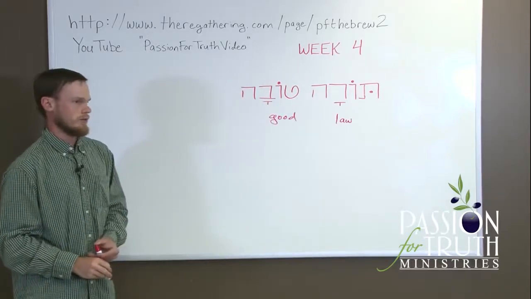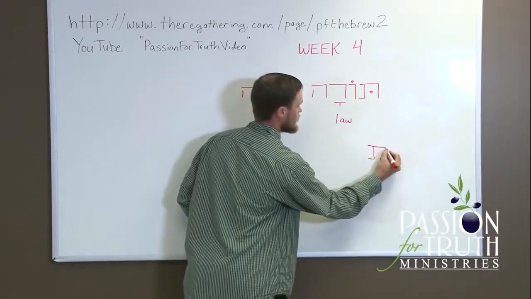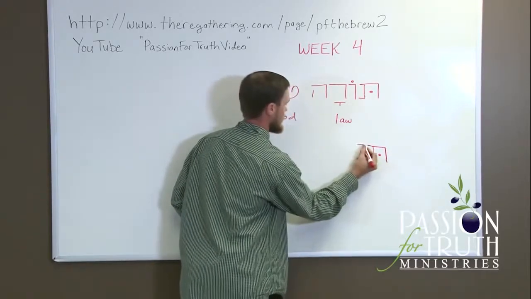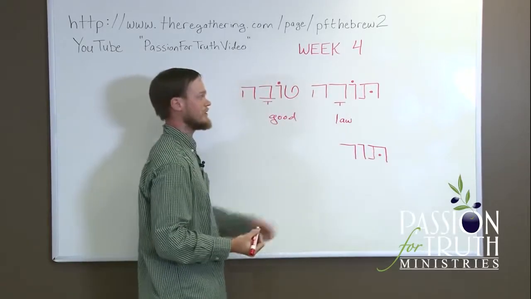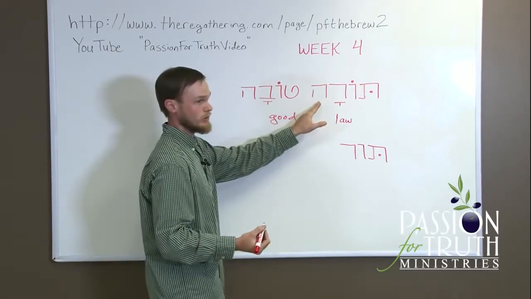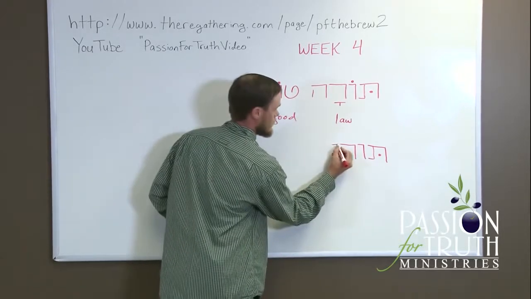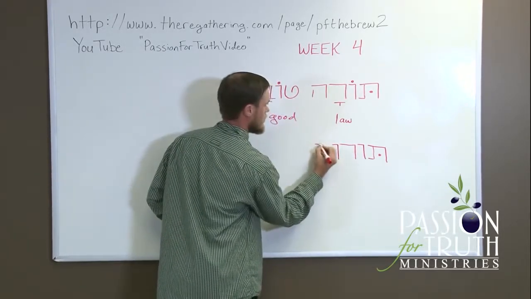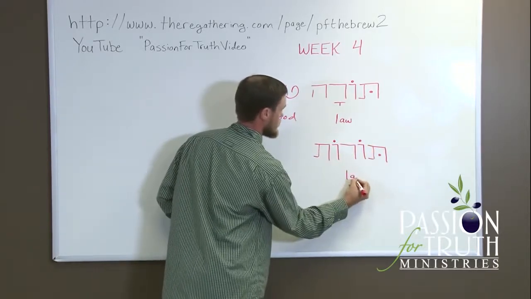What about good laws? Plural of Torah, since it's feminine, it will take ot, and since it ends in a hey, the hey will disappear when the suffix is added. So Torot is laws.